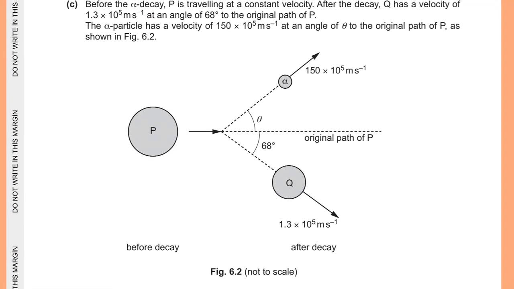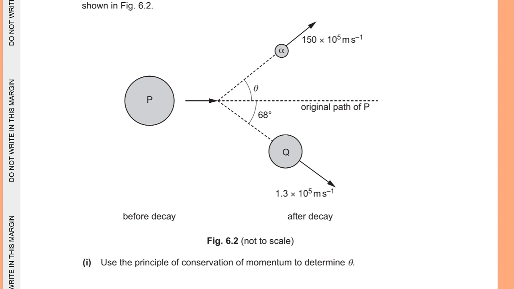Before the alpha decay, P is traveling at a constant velocity. After the decay, Q has a velocity of 1.3 × 10^5 at an angle of 68 degrees to the original path of P. Alpha particle has a velocity of this much at an angle theta to the original path of P as shown. Use the principle of conservation of momentum to determine theta.